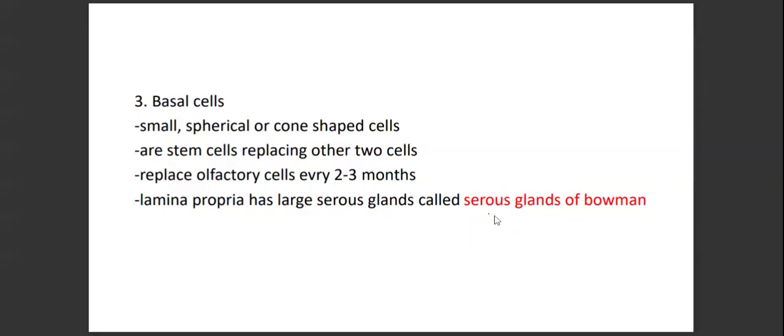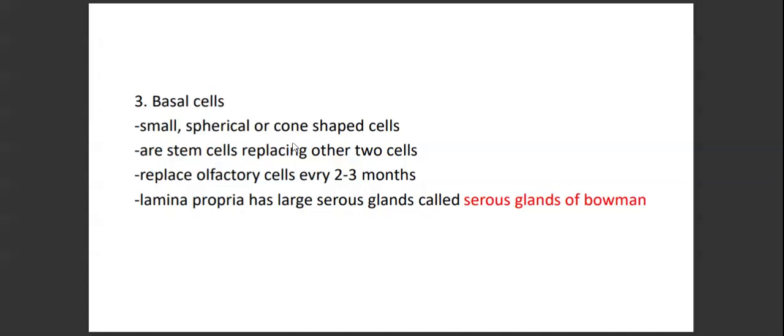So this serous fluid, once it is produced, it actually cleans these olfactory neurons, because these olfactory neurons have to sense smell. So when smell particles bind to these neurons, these neurons are going to detect what type of smell it is.